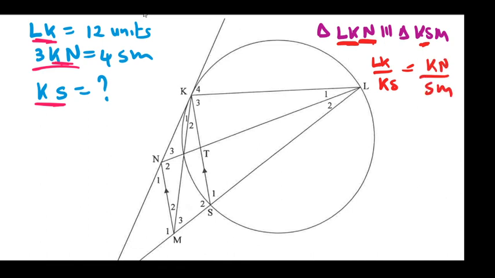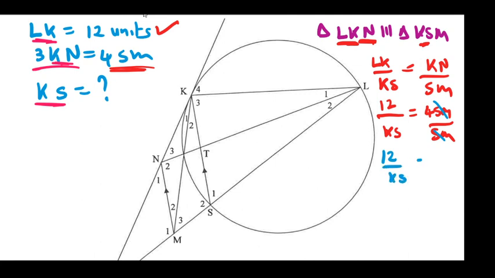So LK we have as 12 units, so it's 12 divided by KS, which is what we are looking for, is equal to KN. KN we are given as 4SM, so you can write 4SM divided by SM. So these will cancel out, SM goes away, and then you have 12 over KS is equal to 4, right?